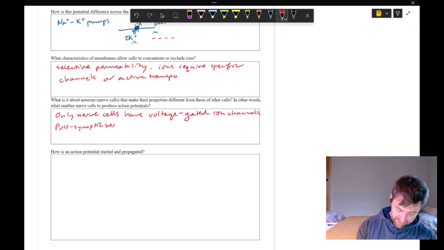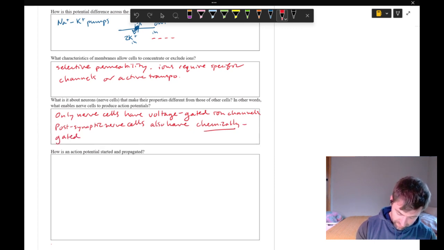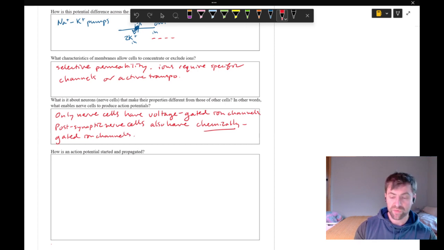Postsynaptic nerve cells also have chemically gated ion channels, as opposed to voltage gated. And these respond to the neurotransmitters that I mentioned a moment ago.